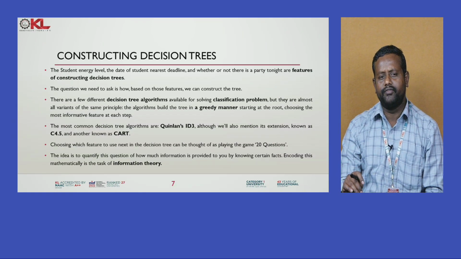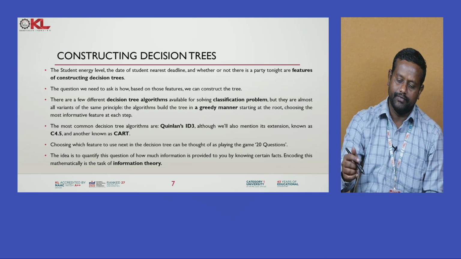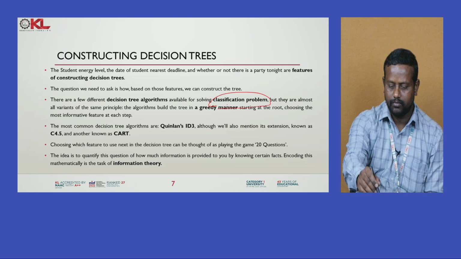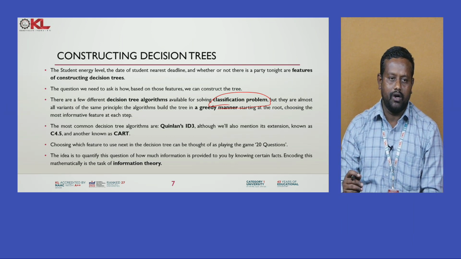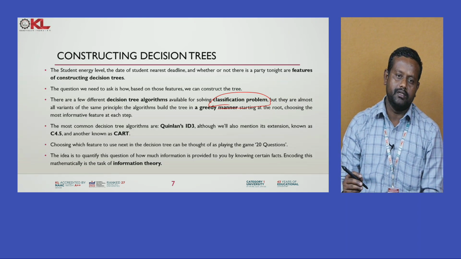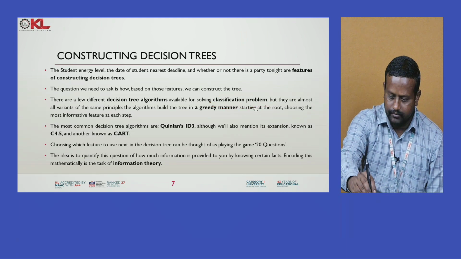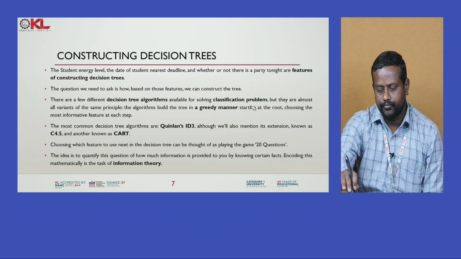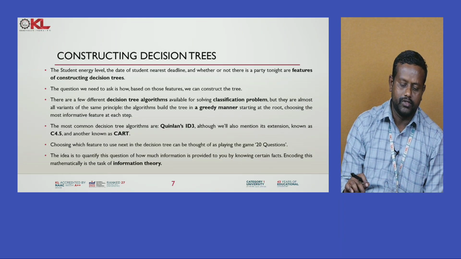There are a few different decision tree algorithms available for solving the classification problem, but they are almost all variants of the same principles. The algorithm builds the tree in a greedy manner, starting at the root and choosing the most informative feature at each step.